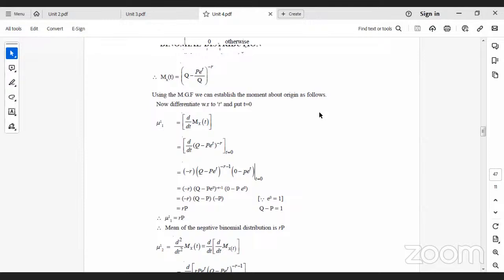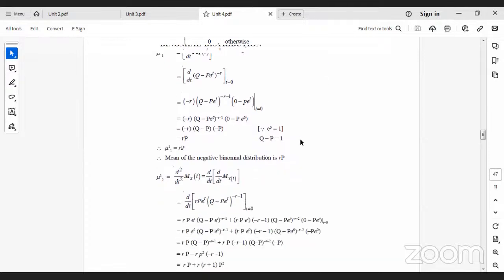d by dt of M of x of t, of Q minus P e power t whole power minus r, at t equal to 0. So taking minus r outside in the differentiation, we get minus r into Q minus P e power t whole power minus r minus 1. Then differentiating the inner part, minus P e power t, at t equal to 0, minus r Q minus P whole power minus r minus 1 into minus P, therefore r P. Since Q minus P is equal to 1, mu 1 dash is equal to rP.